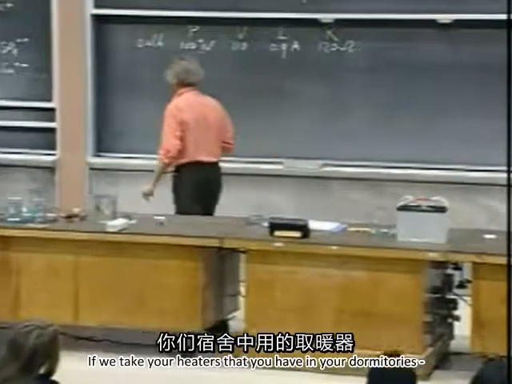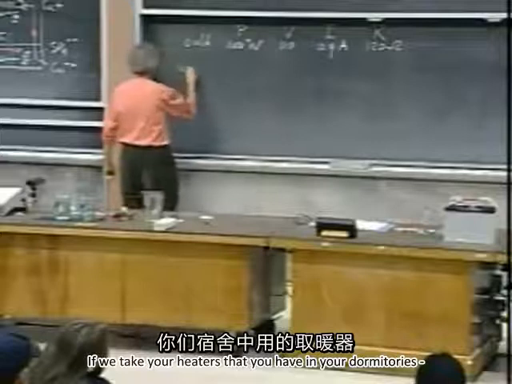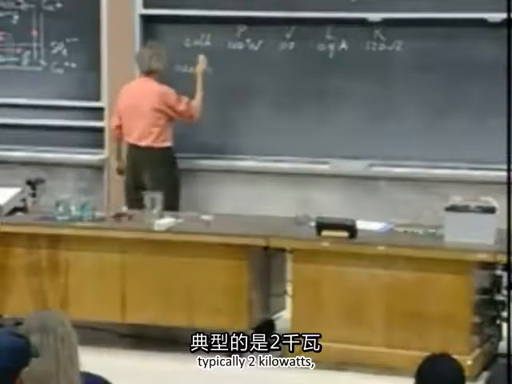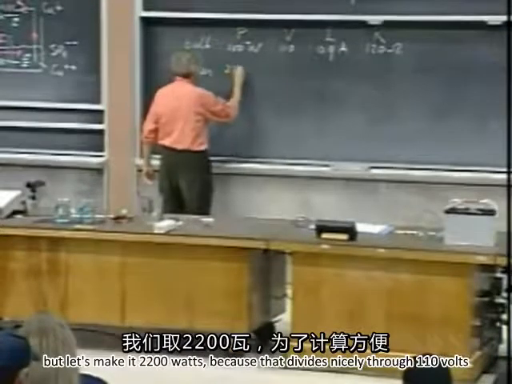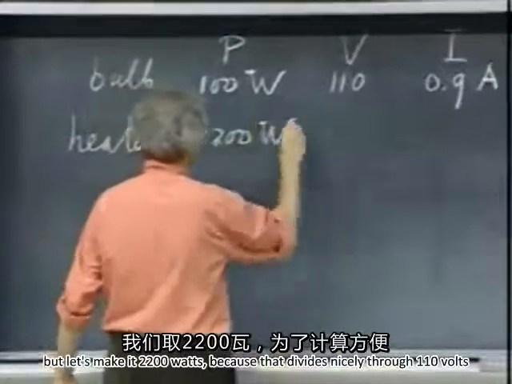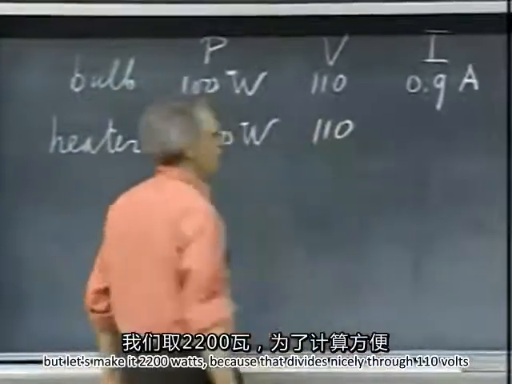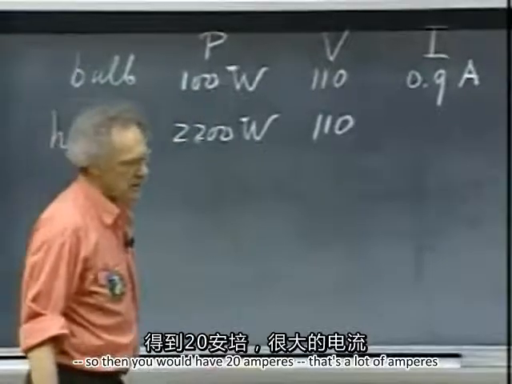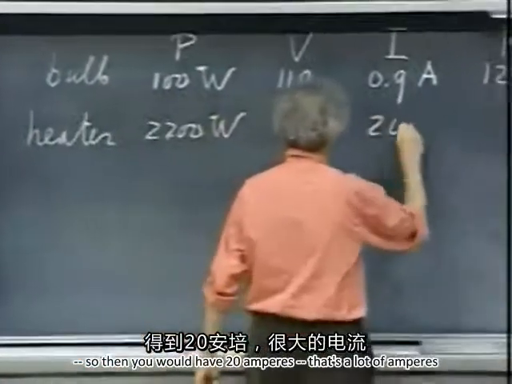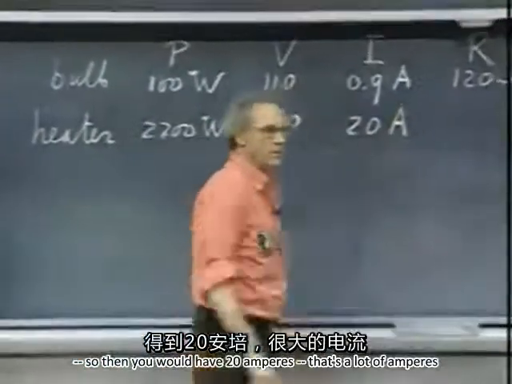If we take your heaters that you have in your dormitories, typically 2 kilowatts, but let's make it 2200 watts, because that divides nicely through the 110 volts. So then you would have 20 amperes. That's a lot of amperes.